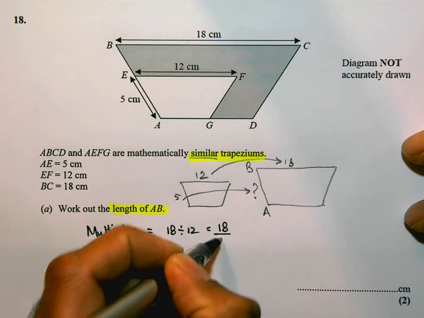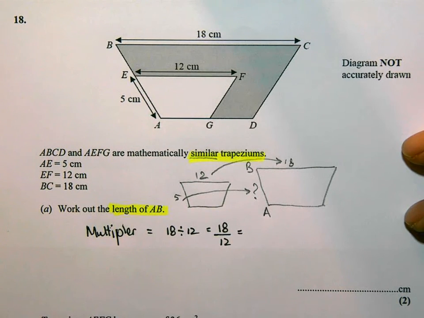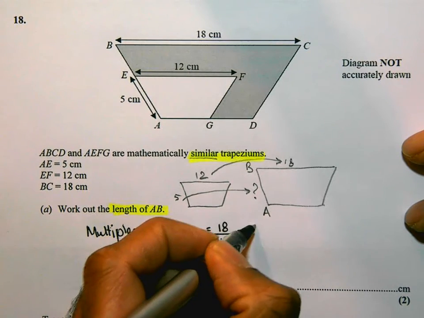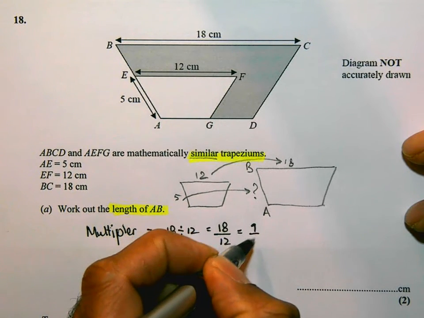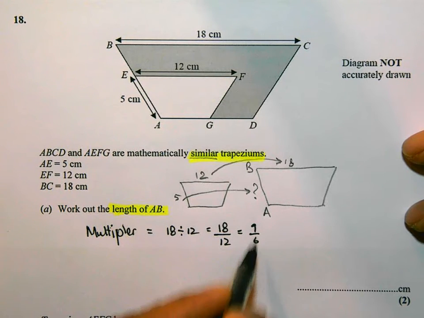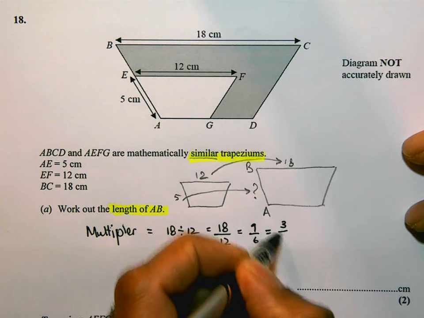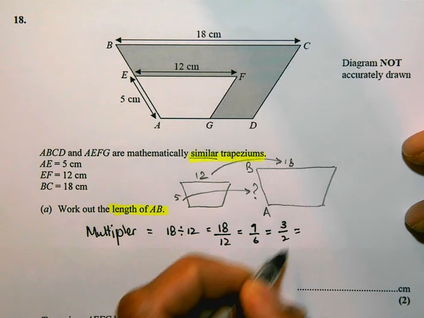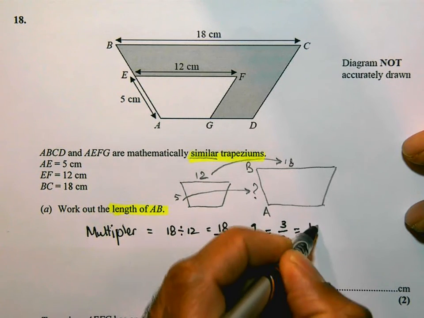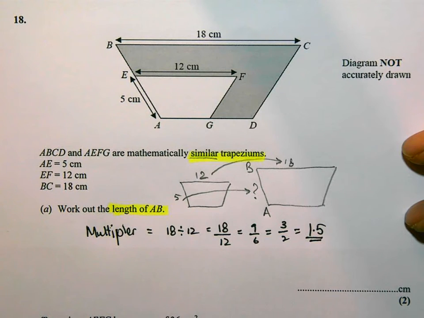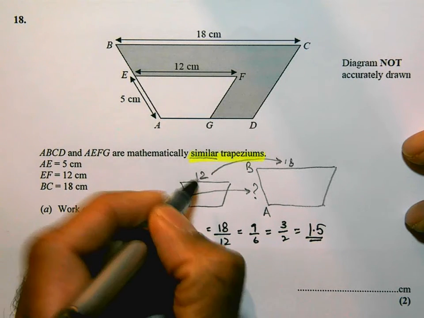In other words, 18 over 12. Now that's not particularly straightforward, but I could simplify that fraction. I could write it as 9 over 6. I could divide both of those by 3. I could do 3 over 2. And 3 divided by 2, that's straightforward. That tells me my multiplier is 1.5.